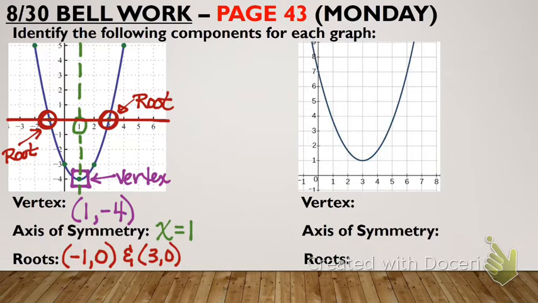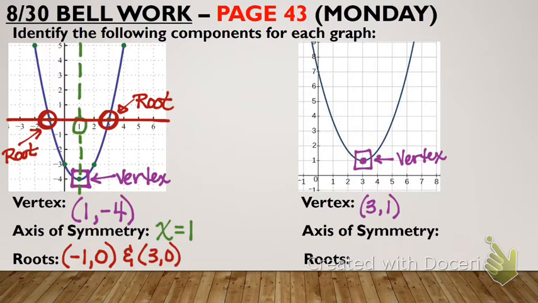Where is that vertex at? There is a vertex. 3, 1. Right here is our vertex. So 3, 1, which means the axis of symmetry would be where?